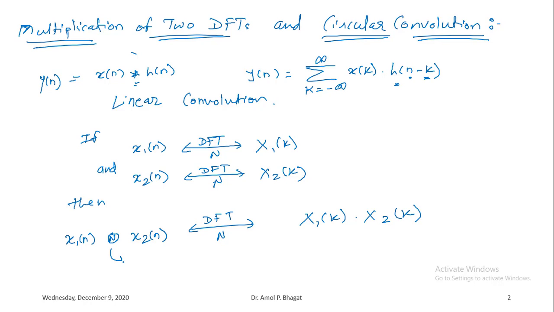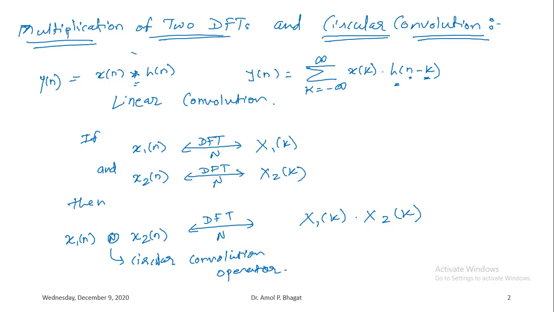This operator is called the circular convolution operator. As in the case of linear convolution we have used the star operator, which is nothing but the linear convolution operator, while what is indicated here is the circular convolution operator, right?